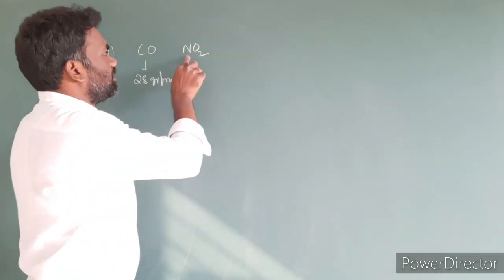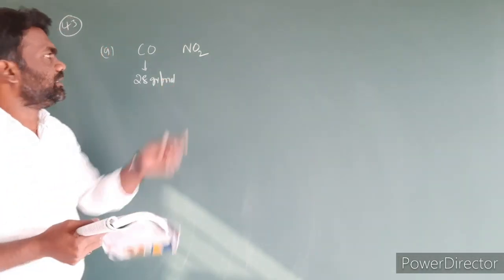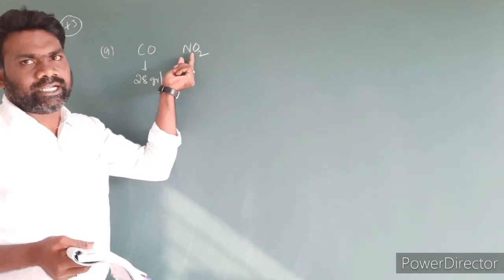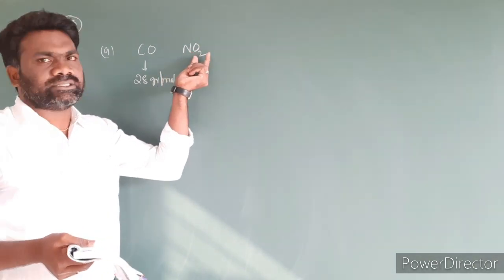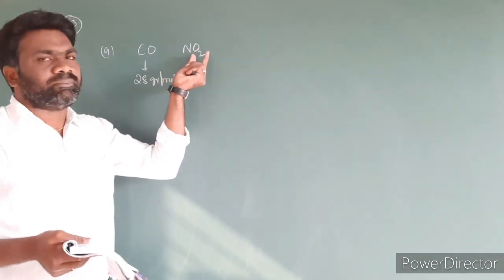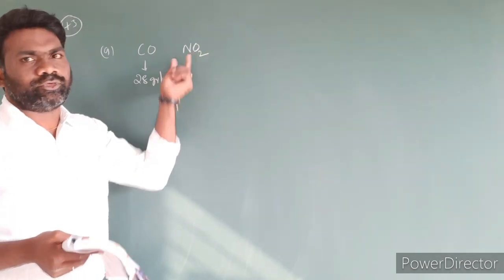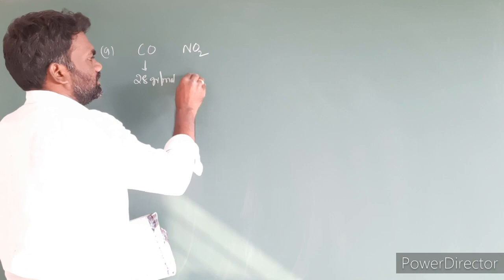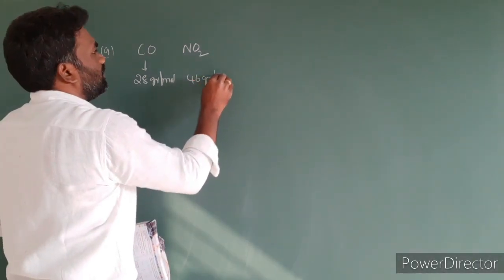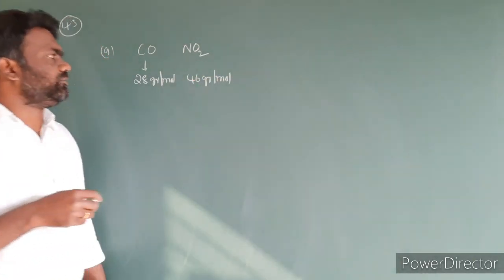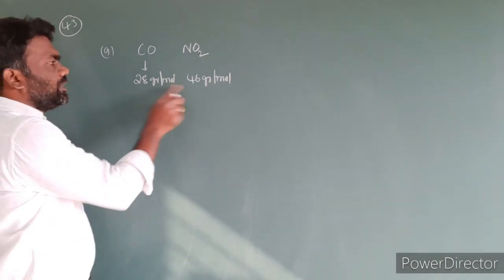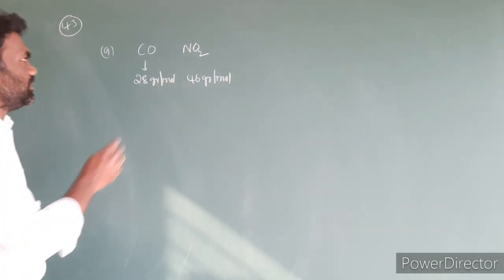Next, the molecular mass of nitrogen dioxide: nitrogen is 14, oxygen is 16, and there are two oxygens, 32. So 32 plus 14 gives 46. The molecular mass of nitrogen dioxide is 46 gram per mole. Both have different molecular masses, so this is not the correct option.